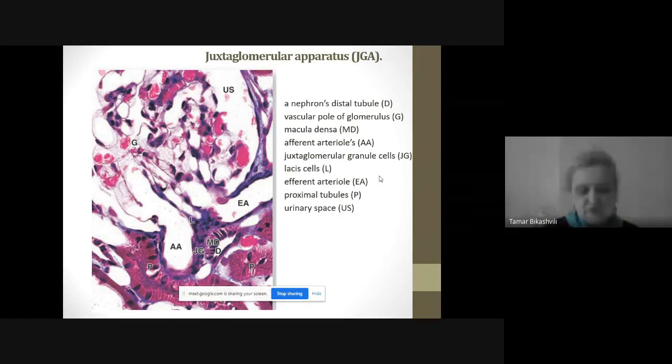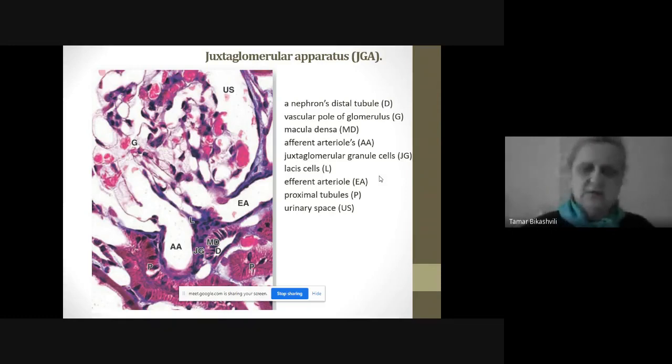Then proceeds the formation from angiotensinogen of angiotensin 1, angiotensin 2, then its influence on the adrenal glands, on secretion of aldosterone, then the sodium and water reabsorption, and this leads to an increase in blood pressure, and then proceeds to switch off renin secretion.